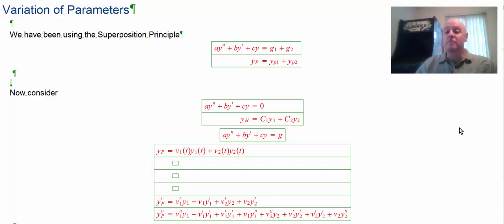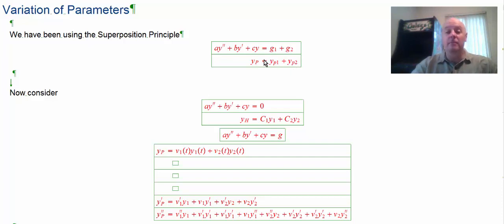Now, both these methods use the principle of superposition, so let's mention what that is. Say we've got, like we have here, a linear second-order non-homogeneous equation, and the target function is the sum of two functions, g1 and g2. Both are functions of time.